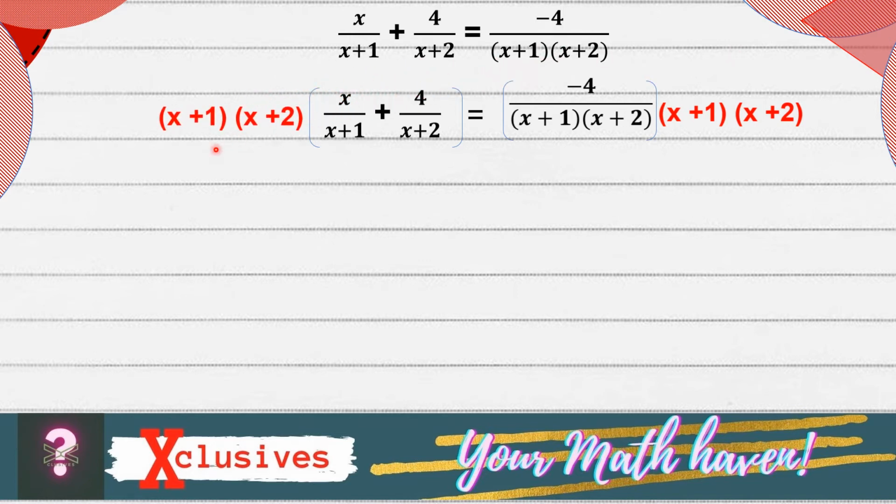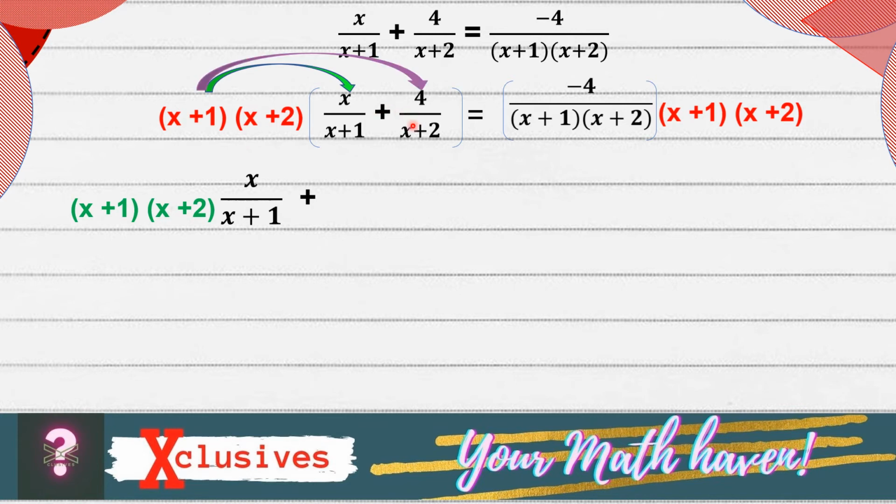Now we can multiply our LCM to this binomial. So our LCM times x over x plus 1, that is the product of x plus 1 and x plus 2 times x over x plus 1, plus, we can distribute our LCM to the second term, and that is the product of x plus 1 and x plus 2 times 4 over x plus 2 is equal to, as you can see here on the right side, we can cancel common terms.